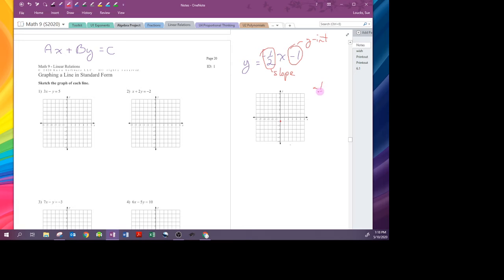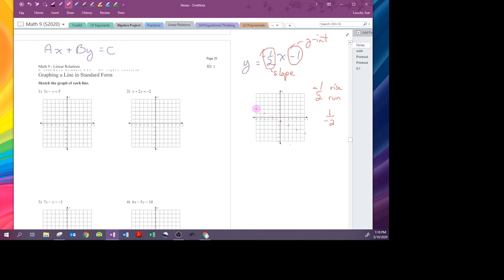So -1/2, I've got my rise and my run. My rise is negative, so I'm going to go down 1 and over 2, down 1 over 2, down 1 over 2. I can also do this as 1 over -2 because those values are equivalent. So starting from my intercept, I can go up 1 and back 2, up 1 and back 2.